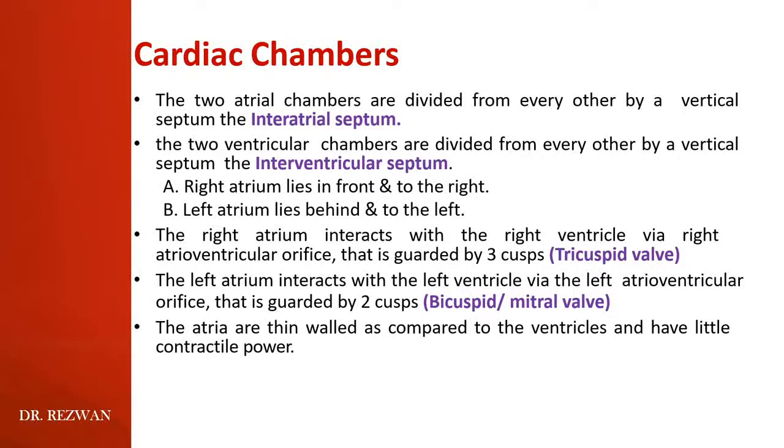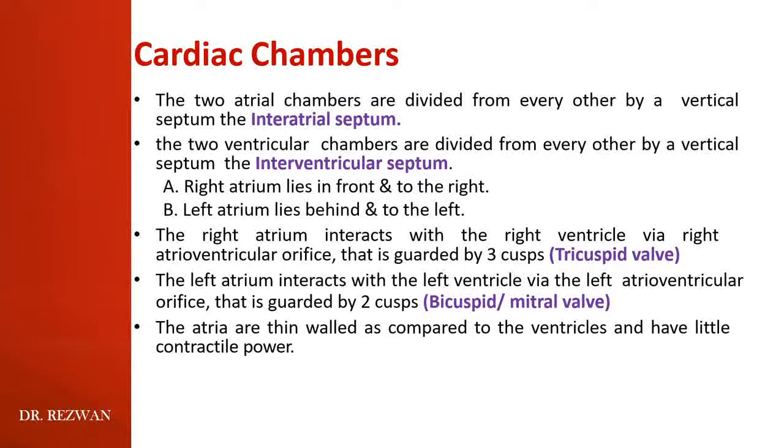The right atrium communicates with the right ventricle via the right atrioventricular orifice that is guarded by three cusps, and this orifice or valve is known as the tricuspid valve. So the right atrium is communicating with the right ventricle by the tricuspid valve having three cusps.